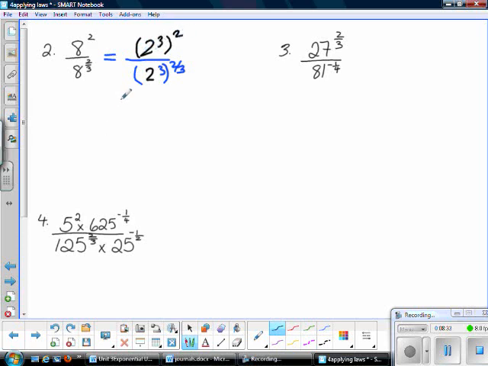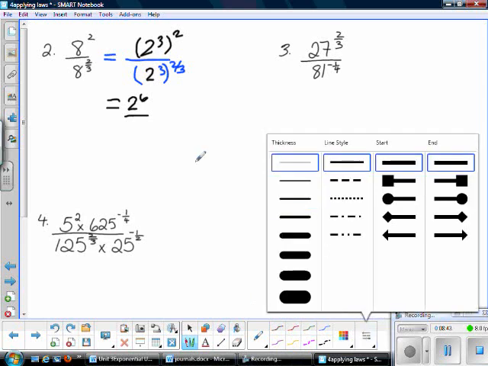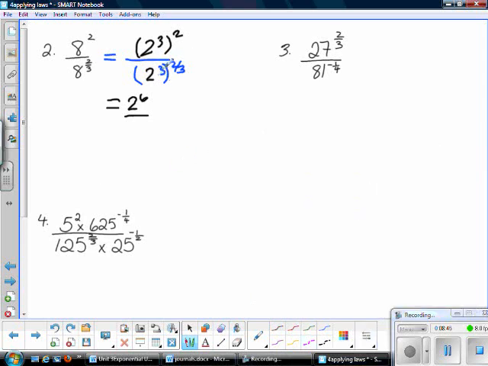Now it's very easy to finish solving this. This is going to be 2 to the power of 6. And in the denominator, it's going to cancel out our 3's, to a 1 and a 1, and I'm left with 2 squared.